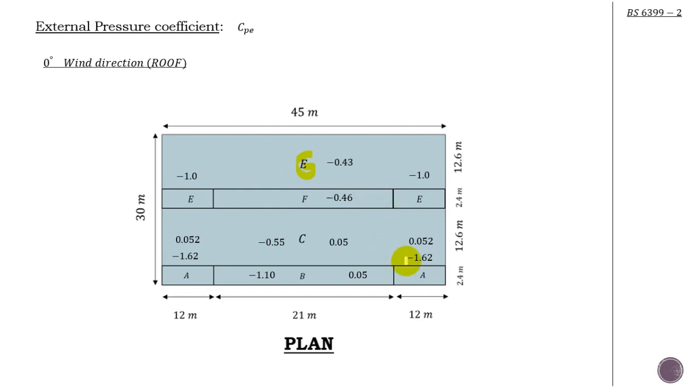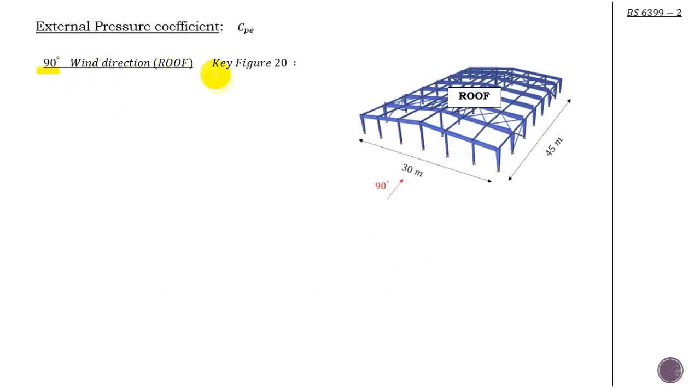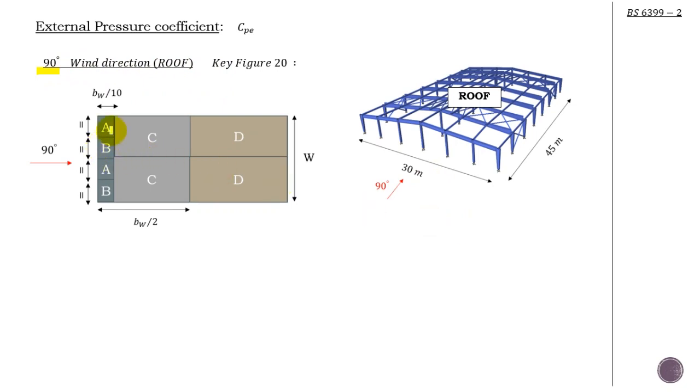What we do now, as you might have guessed, is turn to the 90-degree wind direction for the roof. This is the division of the roof considering the 90-degree. If you get back to table 10, you'll see that all the external pressure coefficients are negative values.